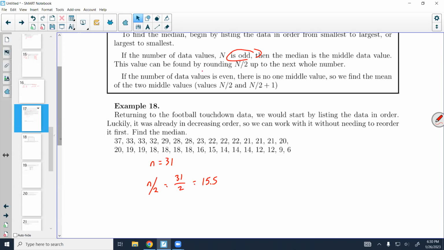Since it's odd, we round up to 16. Counting from the beginning, count to the 16th data point. 1, 2, 3, 4, 5, 6, 7, 8, 9, 10, 11, 12, 13, 14, 15, 16. So the median is 20.